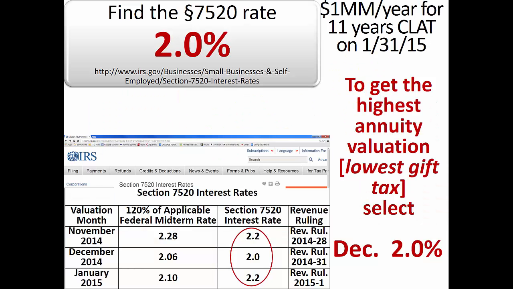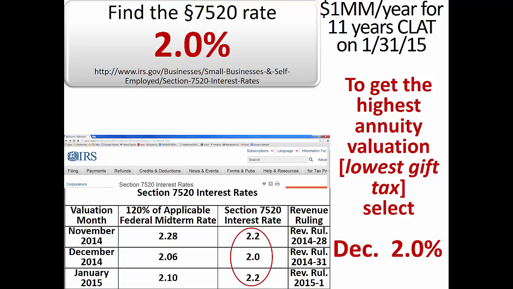Returning to the 2 options for the Section 7520 interest rate of 2.0% or 2.2%, the donor is better off choosing the lowest rate. Thus, for this calculation, the donor should choose the 2.0% rate in order to get the highest annuity valuation and therefore the lowest gift tax.